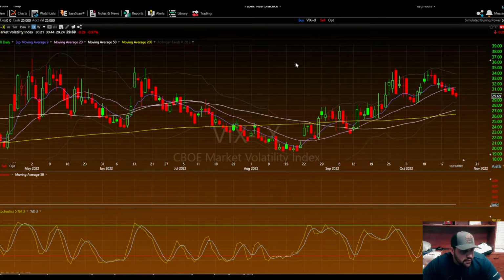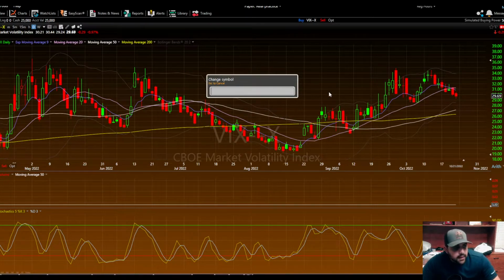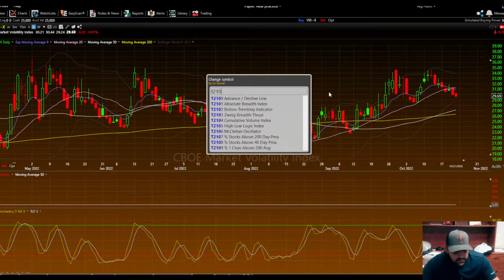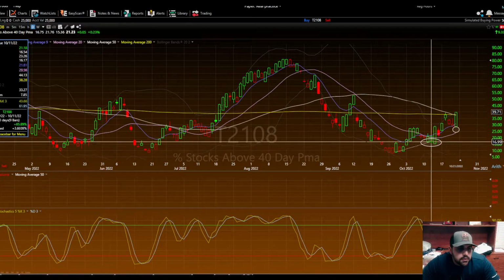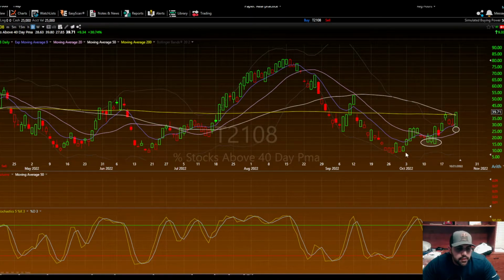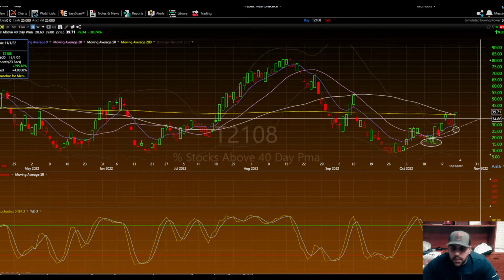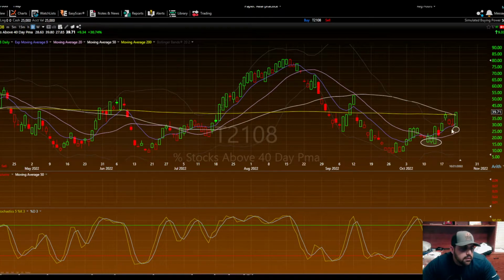So we got the VIX showing us that the market is getting strength. We got the breadth indicator showing us a bullish formation, meaning stocks are above the 40 moving average, and a bottoming formation.